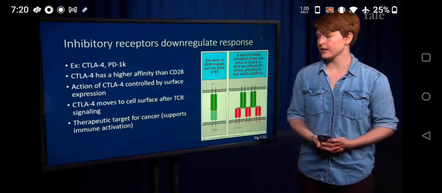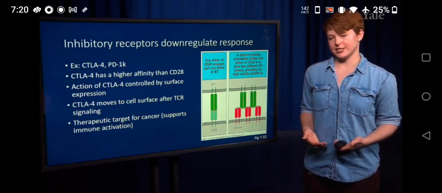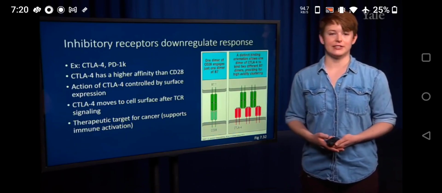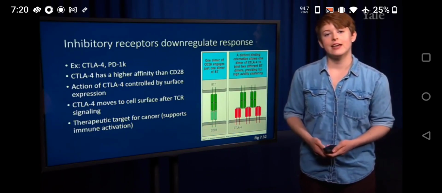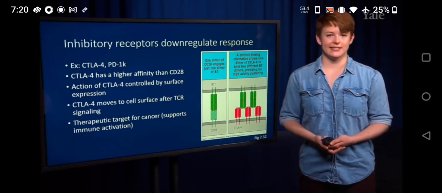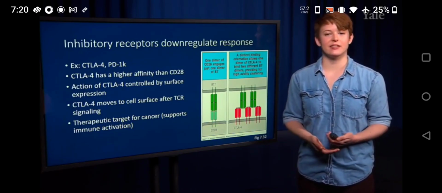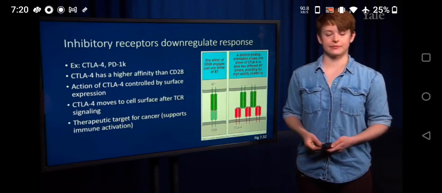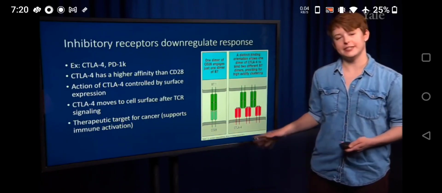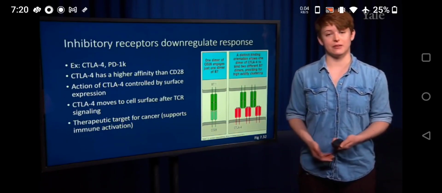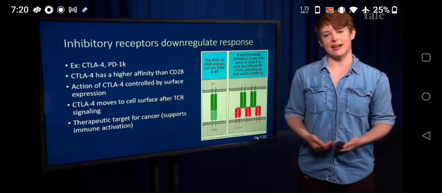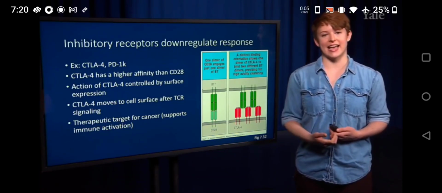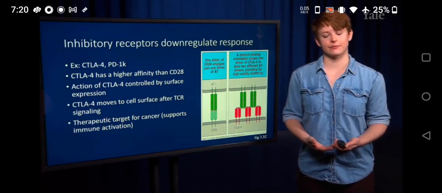As I mentioned, CTLA4 is an important target for cancer. And that's because in cancer, we often see the immune system stop responding to tumor cells. So this inhibition by CTLA4 and PD1 actually is stopping the T cells from attacking and clearing the cancer cells.